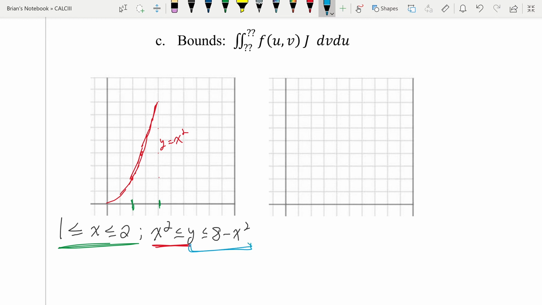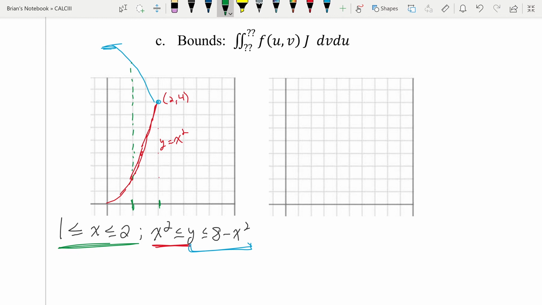So y is equal to 8 minus x squared, so it's a parabola that crosses at 8, and that'll just be like somewhere up here. And it comes down and it crosses at, of course, 4 at 2, right? So this is like 4. This is 2 comma 4. So it's a parabola coming down and crosses right there. And we've got a nice bound on the left.